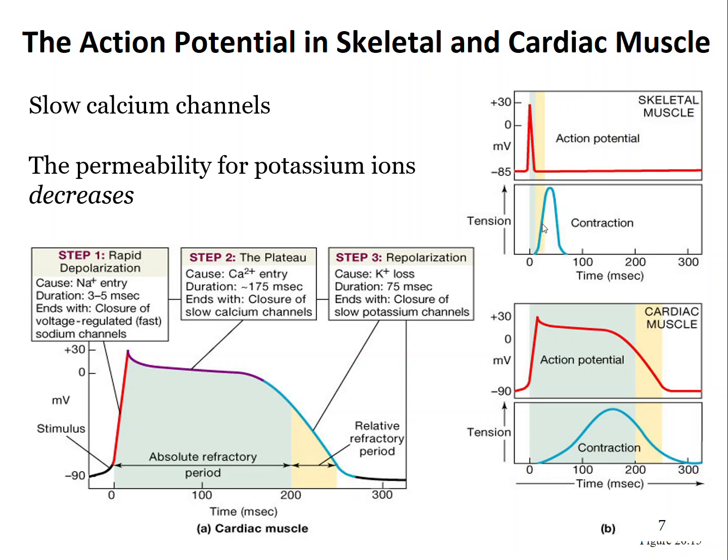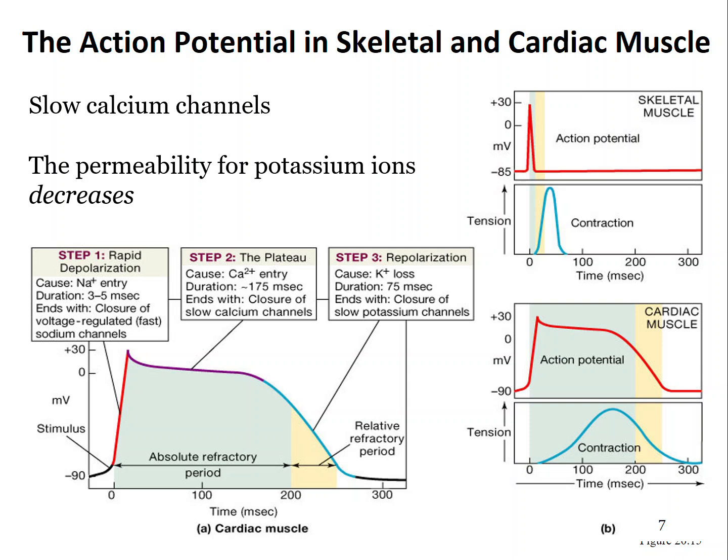So when contraction has just begun, you have another action potential here and another here, and the effects of the subsequent action potentials add together. It is a phenomenon we call tetany.